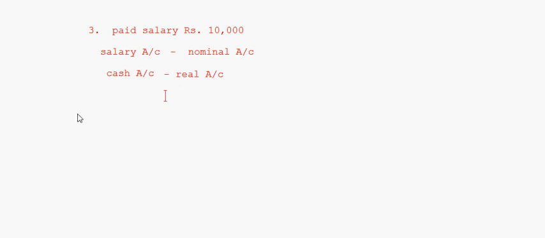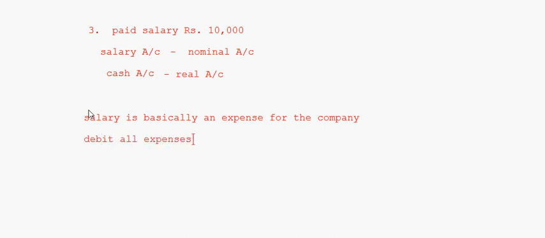Okay. Now when you pay the salary is basically an expense for the company, right? The rule for nominal account states debit all expenses and losses. So salary account will be debited, right?